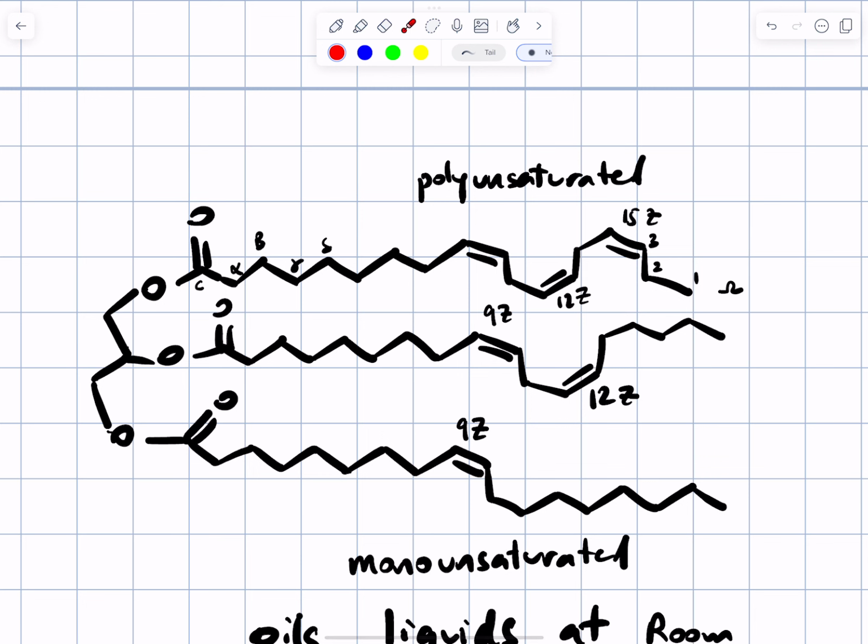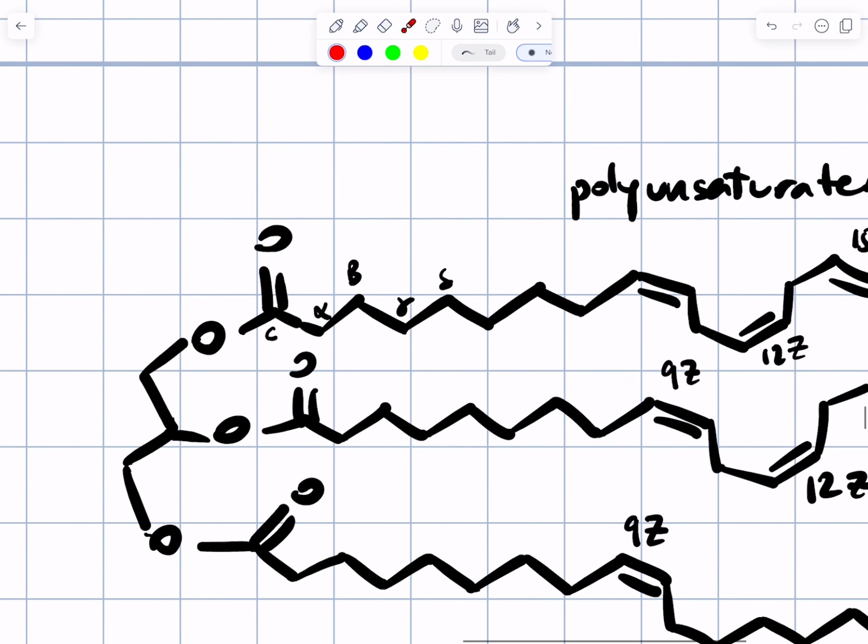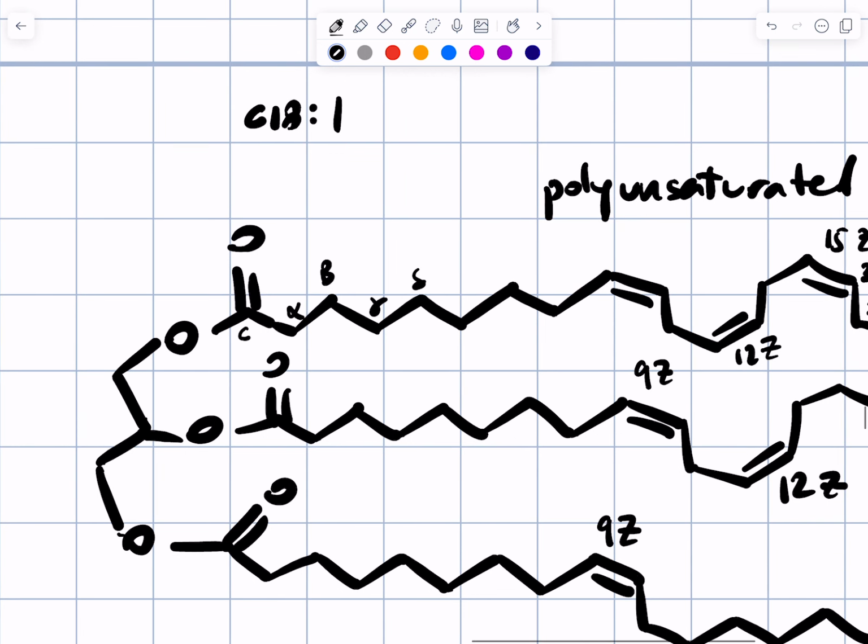If you read some of the food science literature, they'll tell you a C18 is a fatty acid with 18 carbons, and then they'll tell you it has one double bond. Normally, biology puts that double bond in the same place. So if they tell you it's one double bond, you already sort of know that it's at the 9 position. Or if it's 2 double bonds, you know that it's at 9 and 12. That has to do with biosynthesis, and I'm not exactly sure why, but that's how it works.